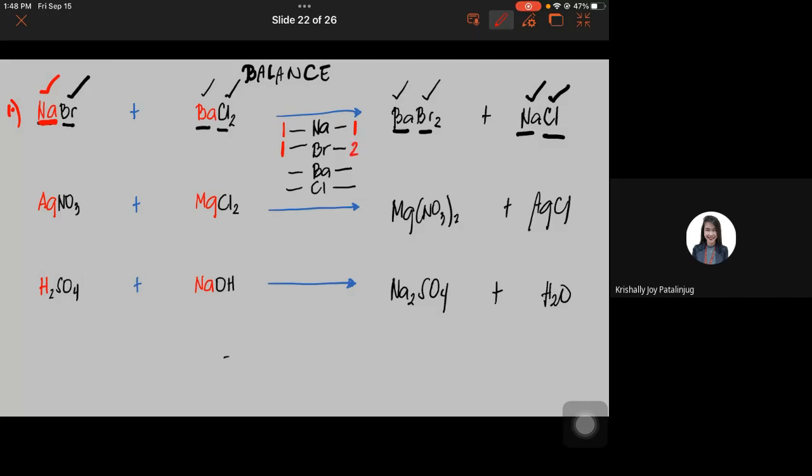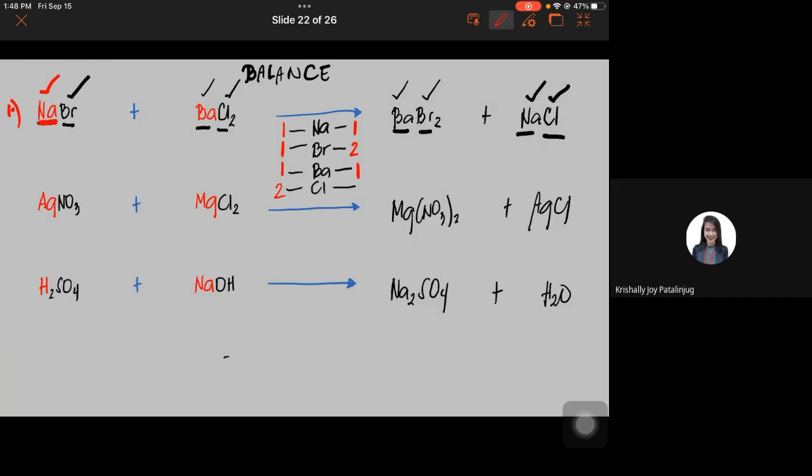Next, barium. How many barium on the left side? You have one, meaning on the reactant side, there's only one. Then barium on the product side, one. Chlorine, focus on chlorine. Class, we're now on chlorine. How many chlorine on the left side? You have two, meaning on the reactant side, there are two.